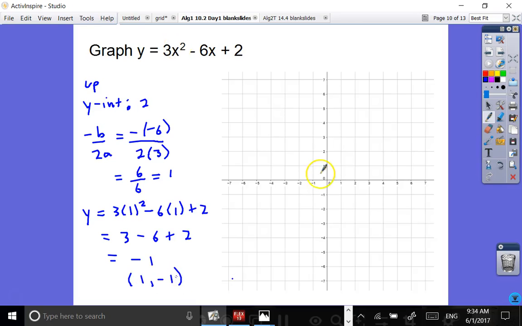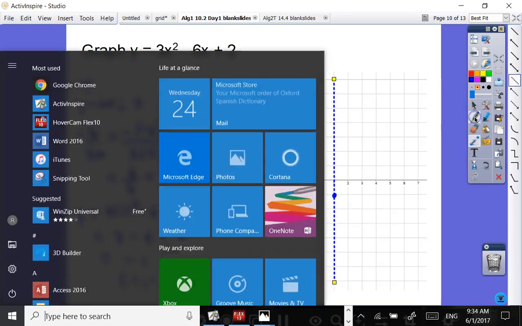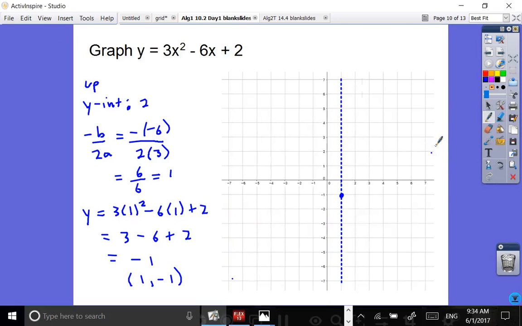So I need to come in here again. Plot the vertex, 1, negative 1. Put in the axis of symmetry. That goes right through the vertex. Okay. Plot the y-intercept, which we said was 2.